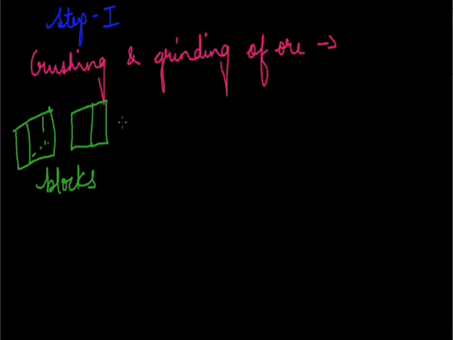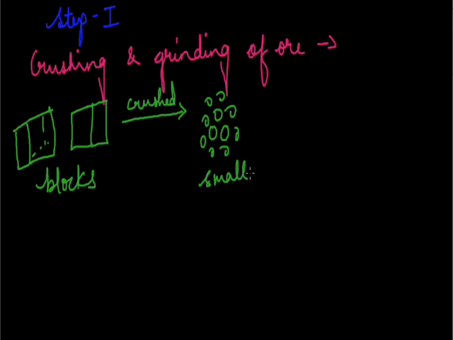These are crushed into small pieces by big crushers. In the crushers these blocks are put and then the crusher is rotated. You see they are formed into small pieces.